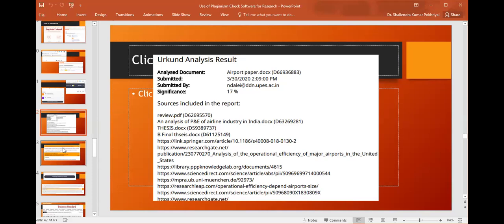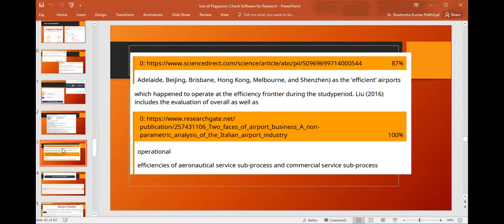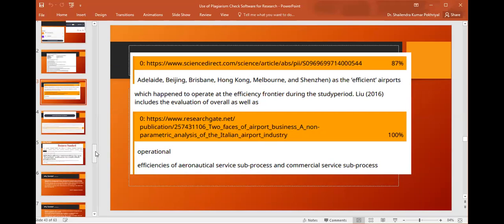Then sir, in the next slide, please go to the next slide. Yeah, here it is highlighting the sources. In the first source it is 87%, and in the second source it is highlighted at 100%. So both are identified here. Then sir, to the next slide please.